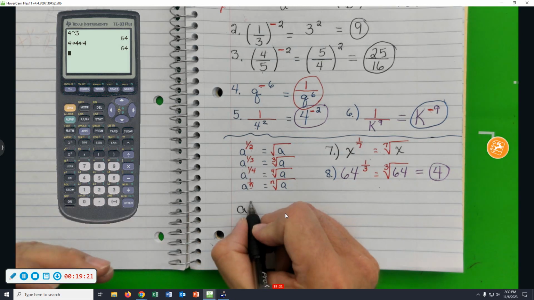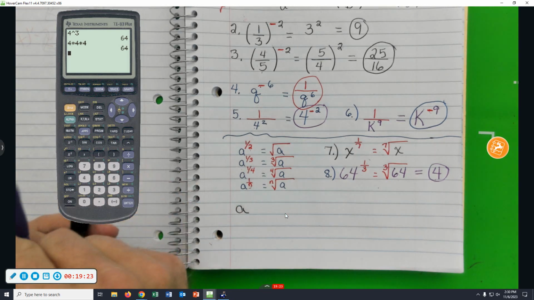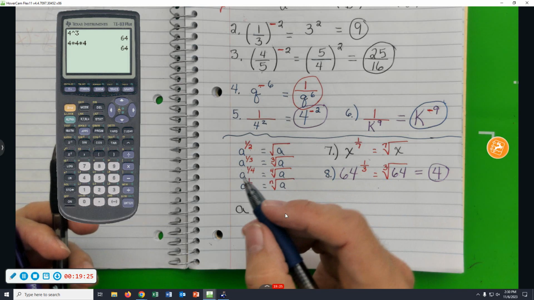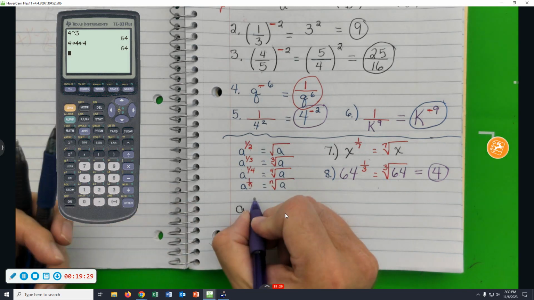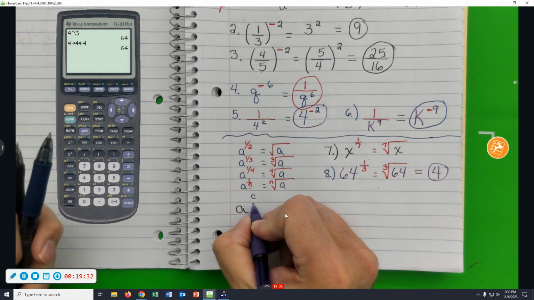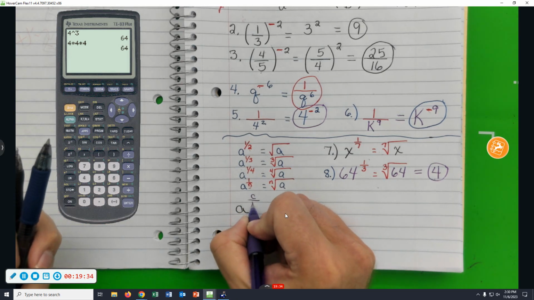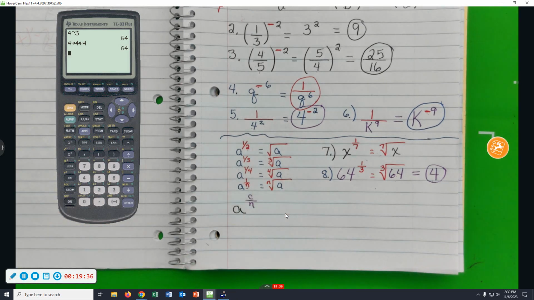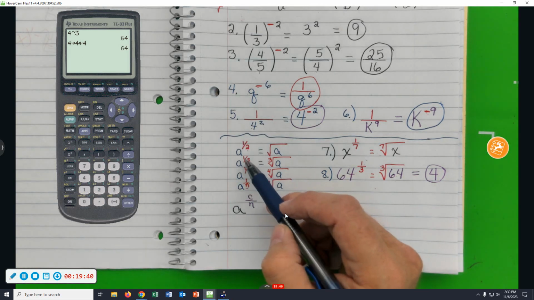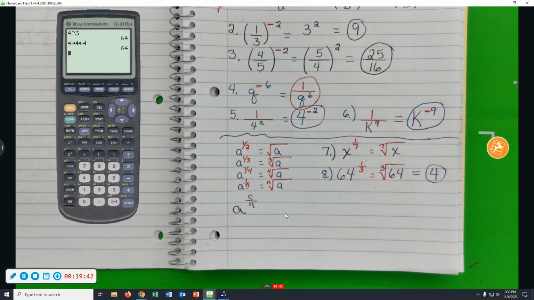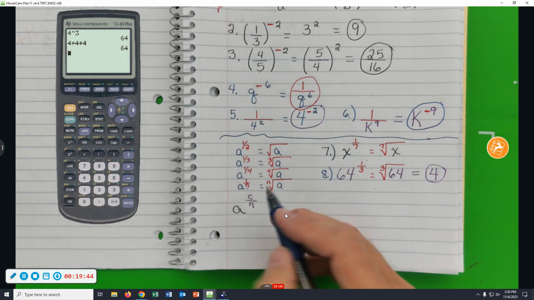If we had something like a to the c over n, if your exponent is a fraction but the top number isn't 1, then the bottom number is the root.